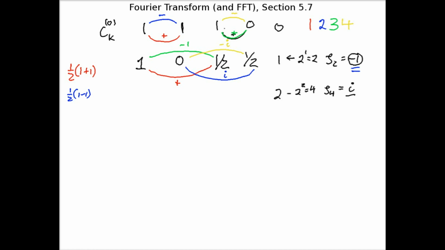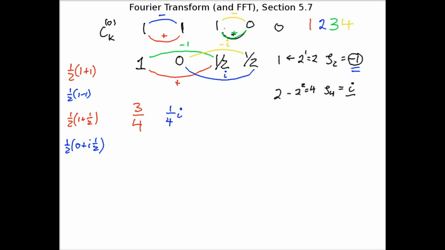And what do you get? So the first entry is 1/2 (1 plus 1/2), which is to say 3/4. And the next entry is 0 plus i times 1/2, which is to say 1/4 i.